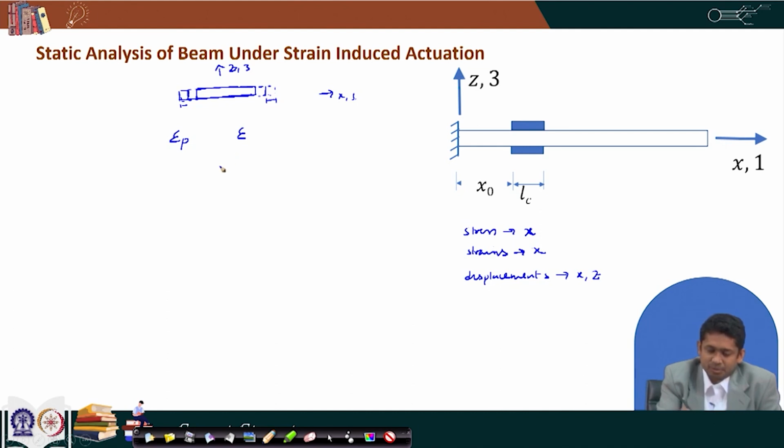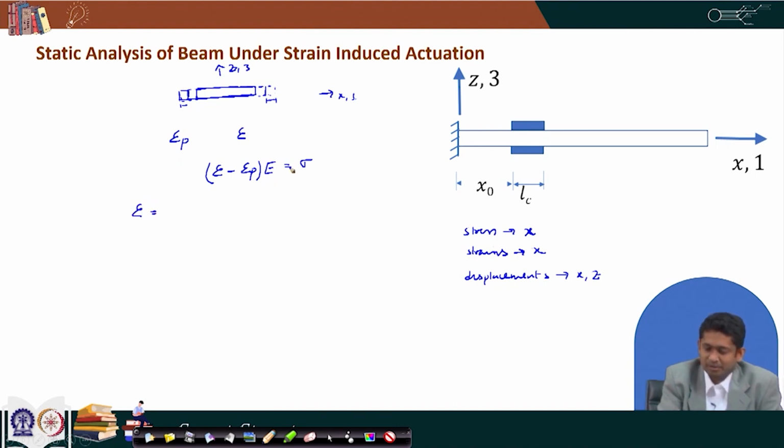achieve. So, if I subtract epsilon p from epsilon and multiply it with its Young's modulus, that tells me how much is the stress in the actuator now, and this is obvious from the constitutive relations also. We wrote the constitutive relation in this form.